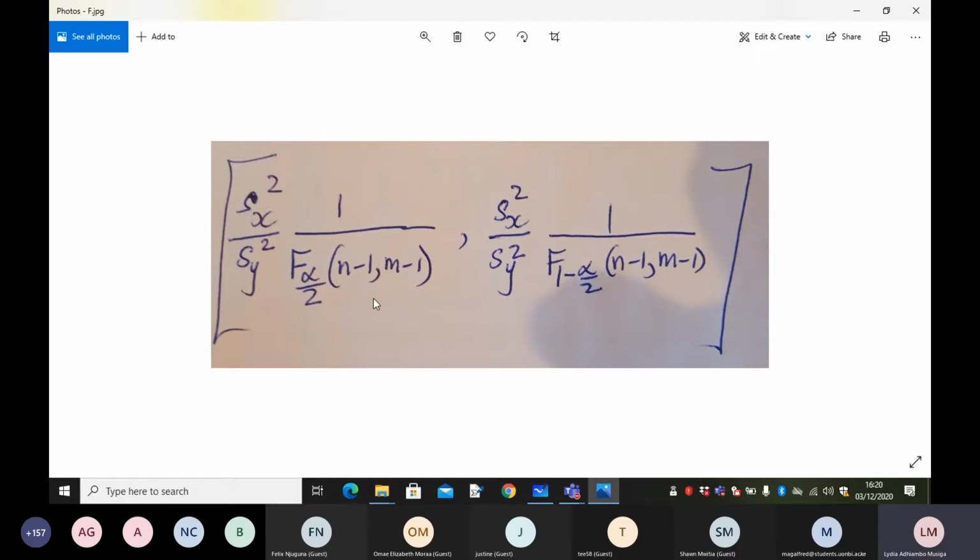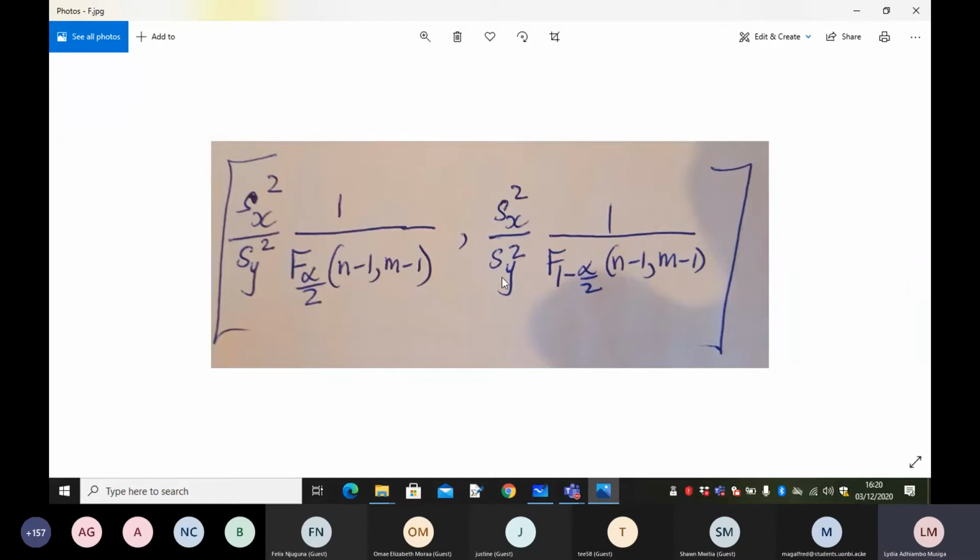So you can see that the left value of the confidence interval is given by S_x squared over S_y squared, times 1 over F alpha over 2. Of course, the F values usually have 2 degrees of freedom, so here, n minus 1, m minus 1.